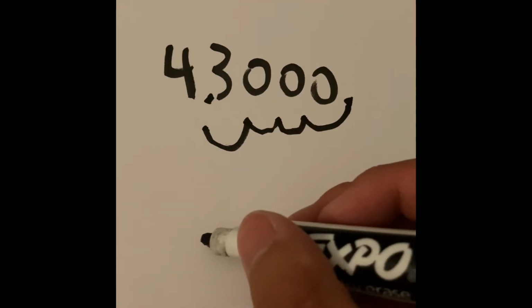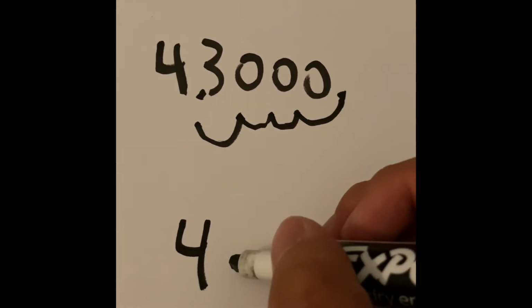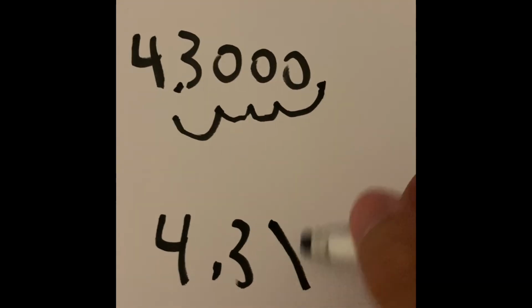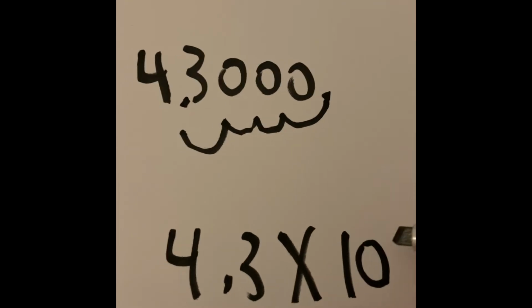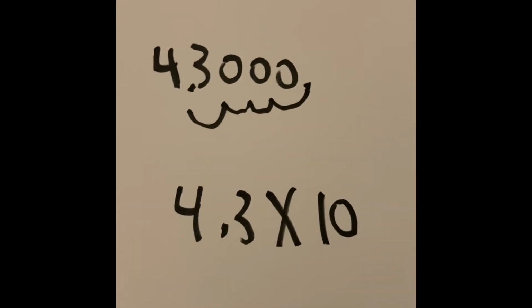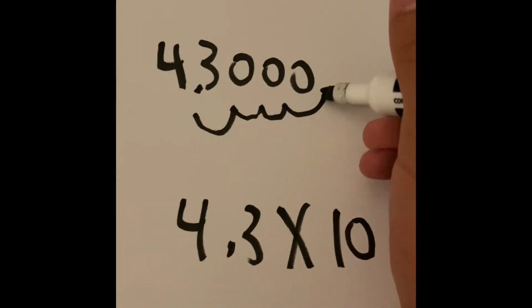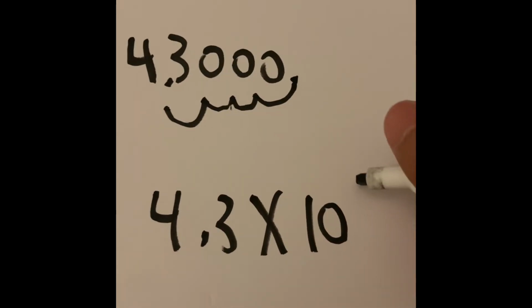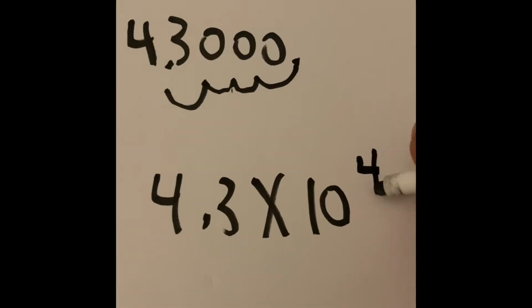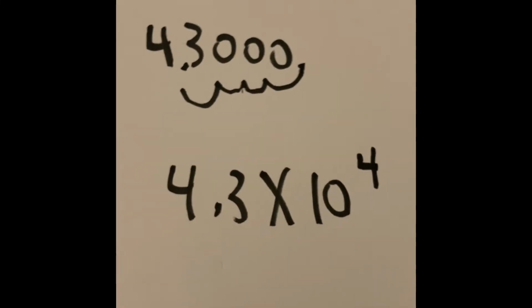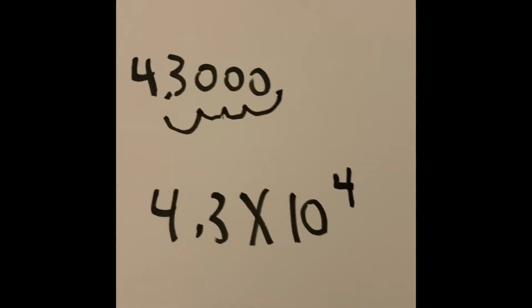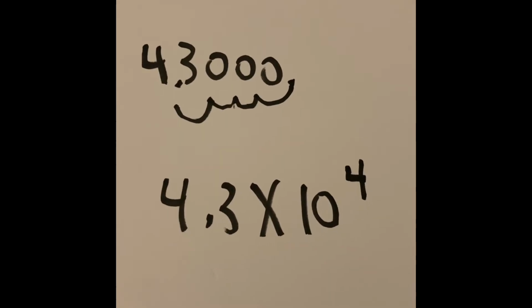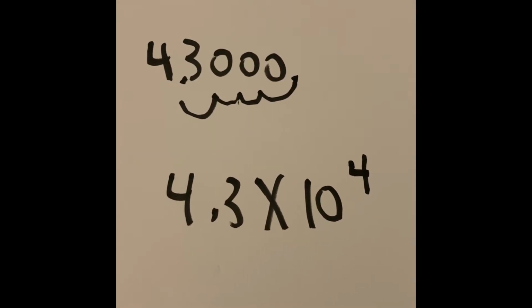So that means we can say 4.3 times 10, because most numbers are used in tens, and we jumped 1, 2, 3, 4 times. Therefore, get it? Therefore, we have a scientific notation of 4.3 times 10 to the power of 4.